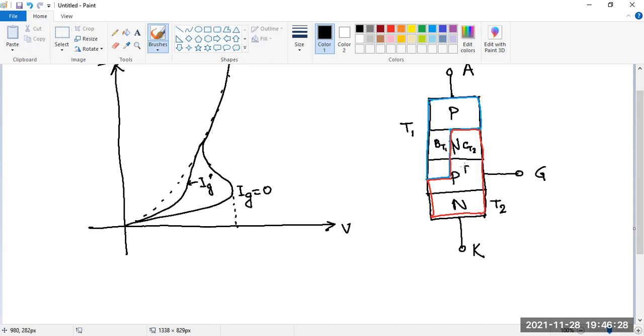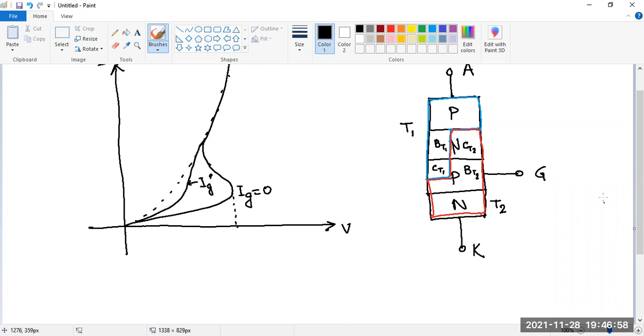Similarly, the base of transistor 2 is connected to the collector of the PNP transistor, isn't it? Are you getting this point? Yes, sir. Okay.